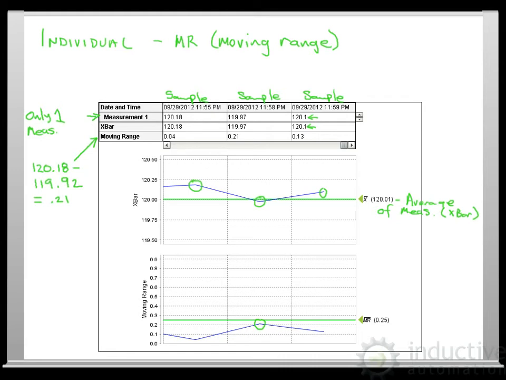And our MR bar is the average of our moving range values from the samples. And that gives us that. So it's very similar to the X-bar R chart, with a few differences to support a single measurement.